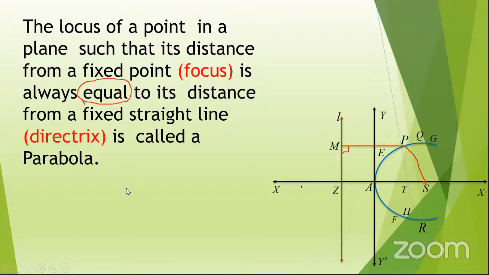Then the locus of P is called a parabola. I repeat once again. We have a fixed point and a fixed straight line. Now collect all those points which are equidistant from this fixed point and the fixed straight line. The locus of such points P is a parabola. That means SP is equal to PM, then P lies on the parabola.